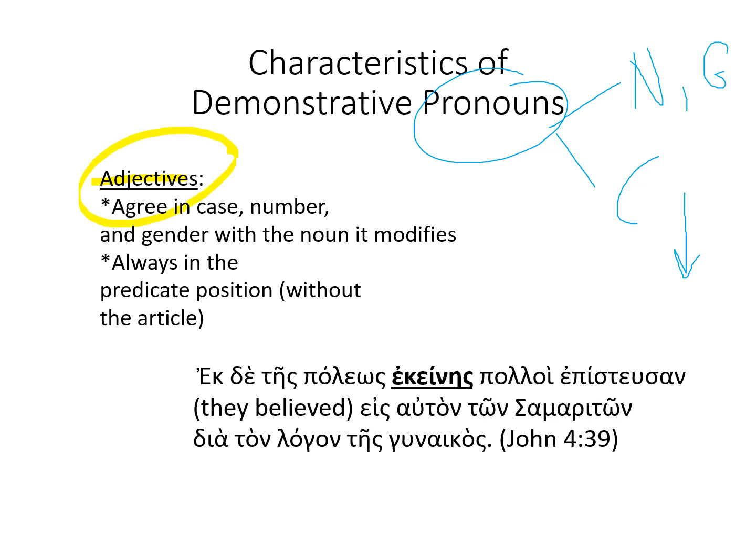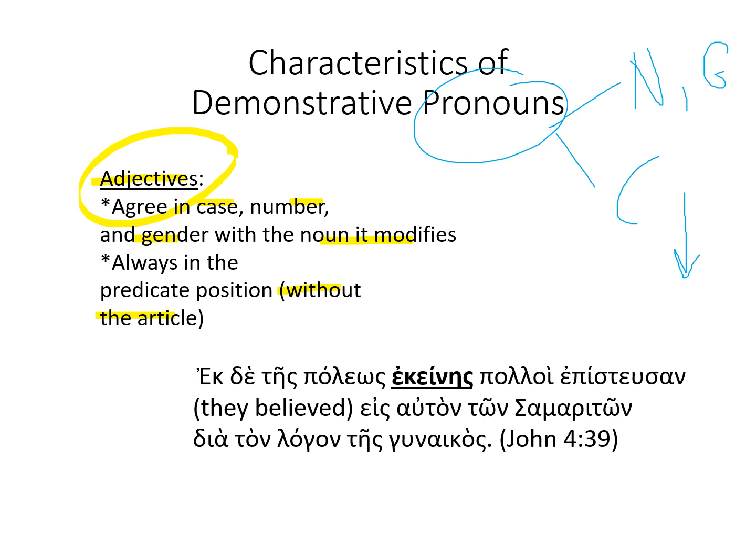But as an adjective here, the agreement is case, number, and gender with the noun it modifies. So it's going to match exactly right there in the context, and it does not have the article always in the predicate position, or anarthrous.